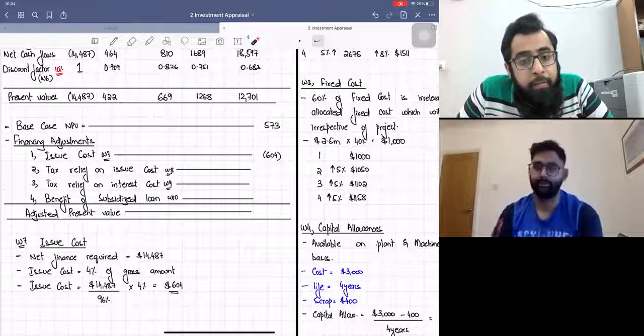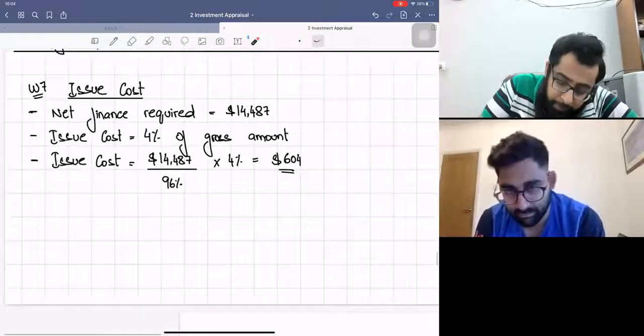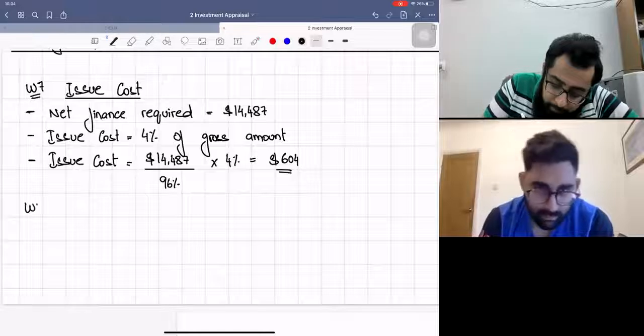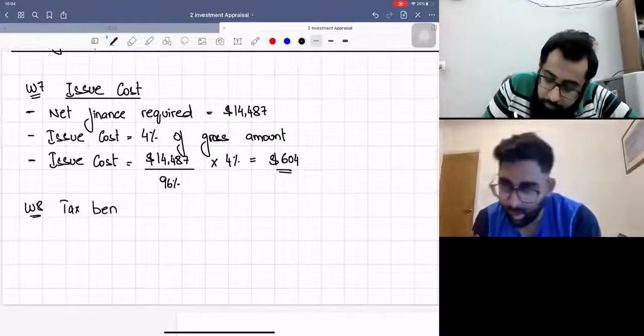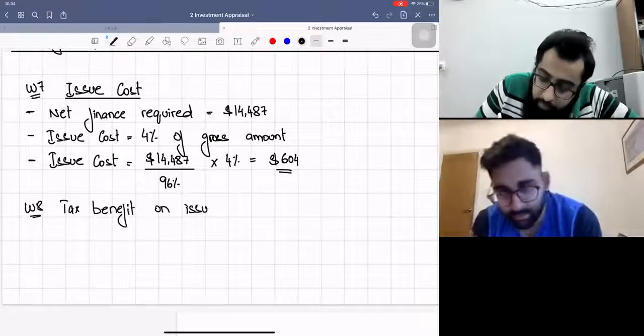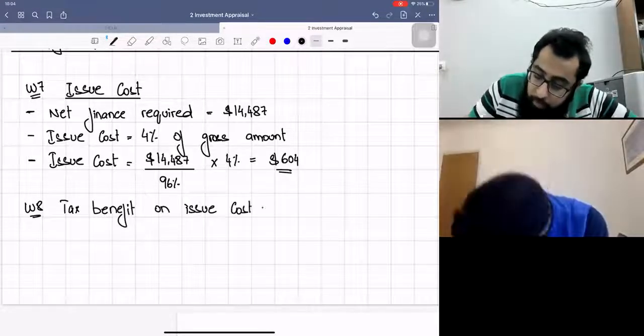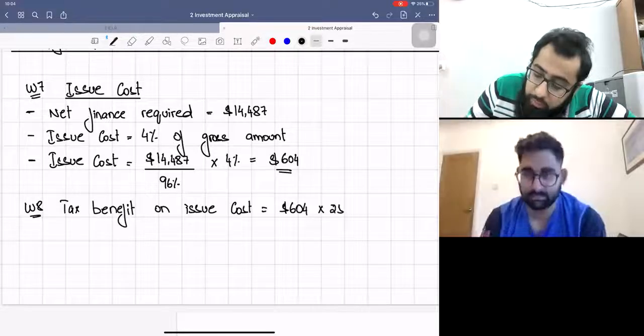Yeah. Then in the working, we have to consider the tax benefit on this issue cost, the 25%. Tax benefit on issue cost. It will be 604 into 25%.